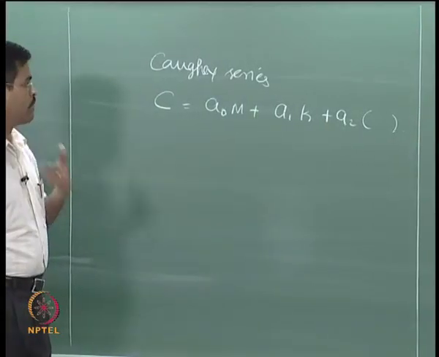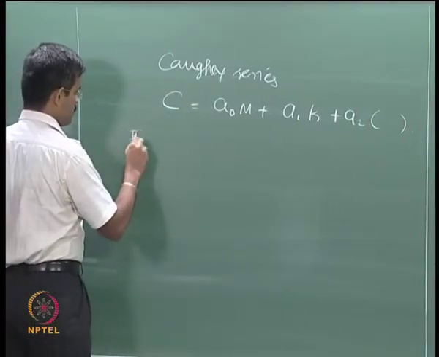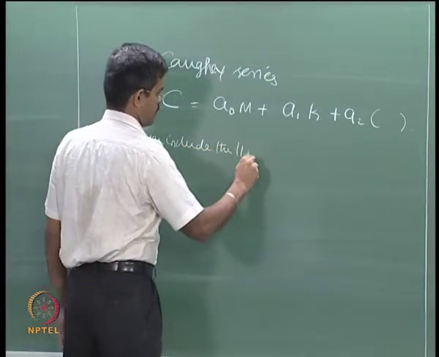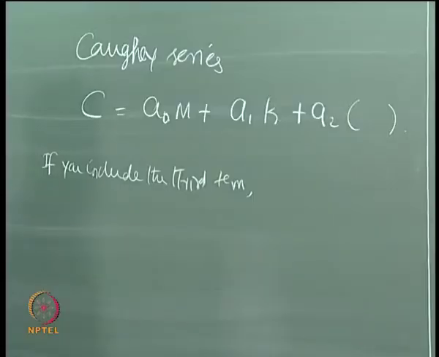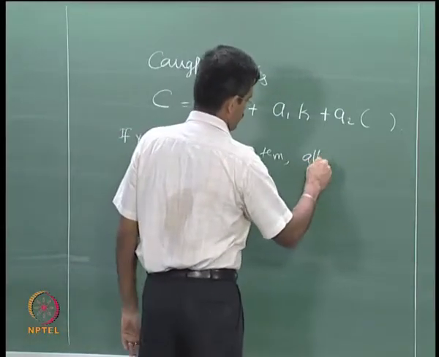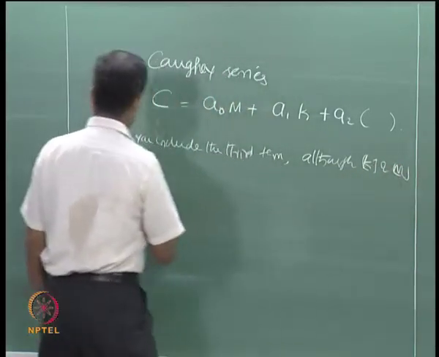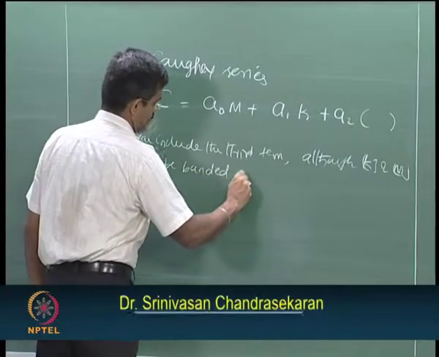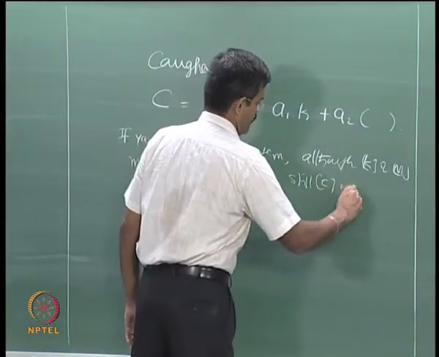But the specific problem with the Cauchy series is that if you include the third term, although K and M may be banded matrices, C will still be a full matrix.